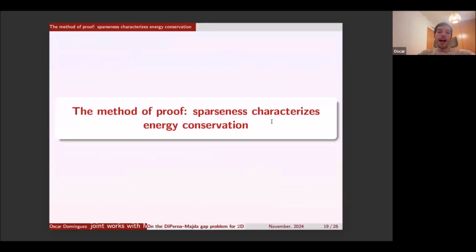So let's see some ideas about the method of proof. I would say that the main new idea underlying the concentration cancellation in M log 1 is sparseness, and more precisely the connection between sparseness and energy conservation.